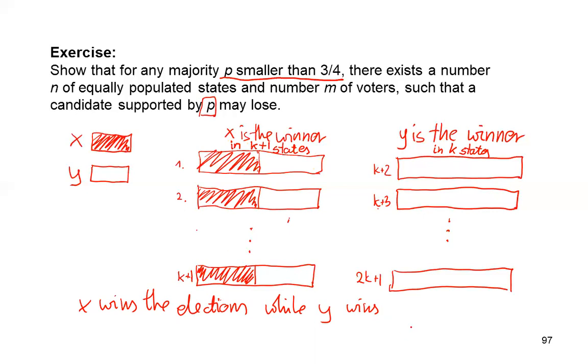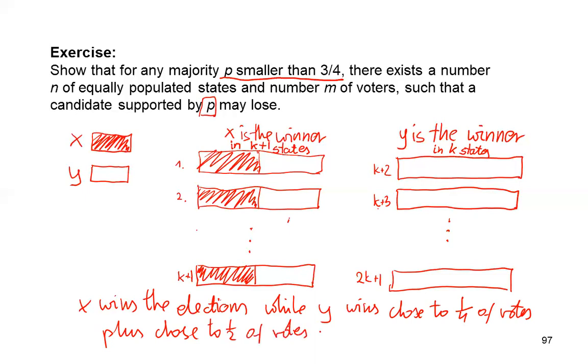About slightly more than 1/2 of all states and almost 1/2 of votes. So close to 1/4 of votes, plus in the states where Y is the winner, close to, slightly less, but close to 1/2 of votes.